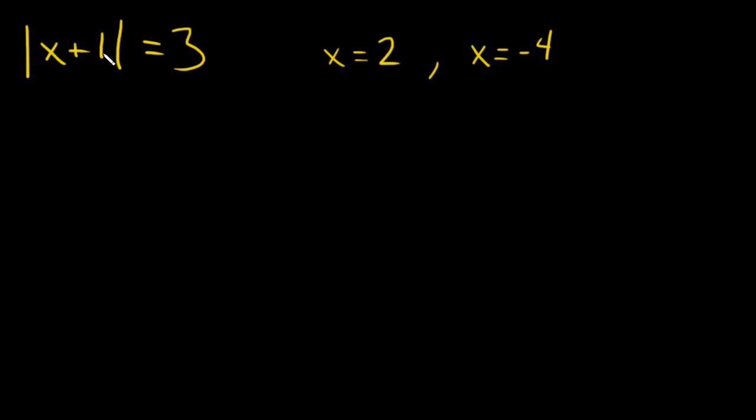Negative 4 plus 1 is a negative 3. I then apply the absolute value. The negative 3 becomes a positive 3. So we need a method to be able to yield these two very different answers when we see an absolute value. Although what I just said was that this interior could be positive, it could be negative, when the absolute value is applied, you get it positive.